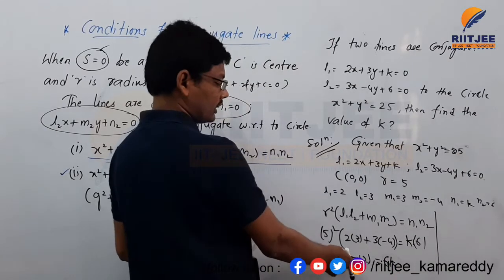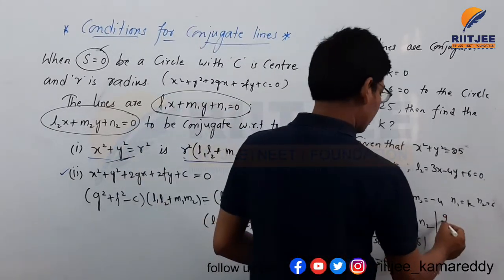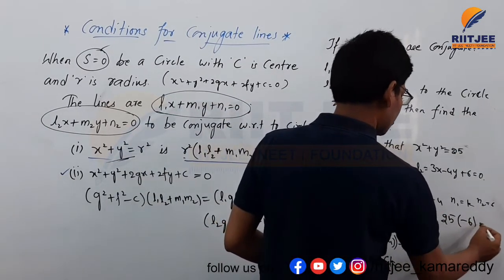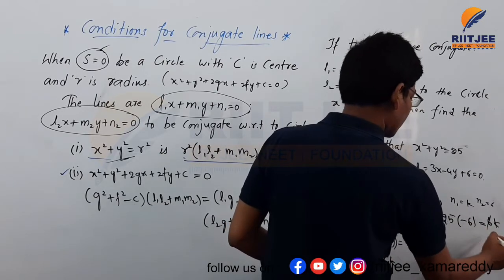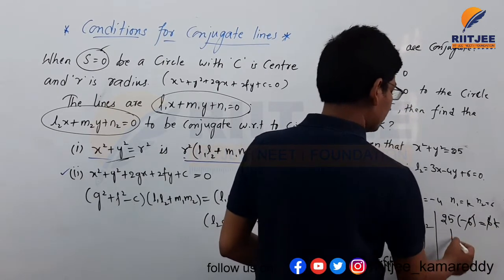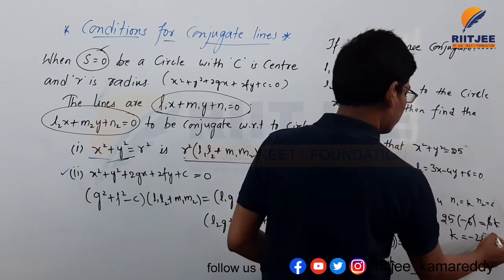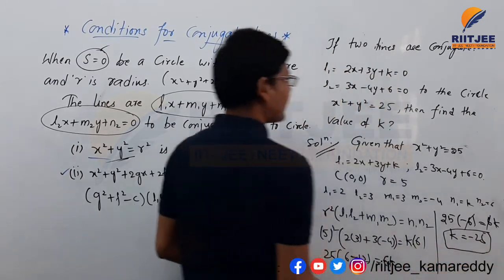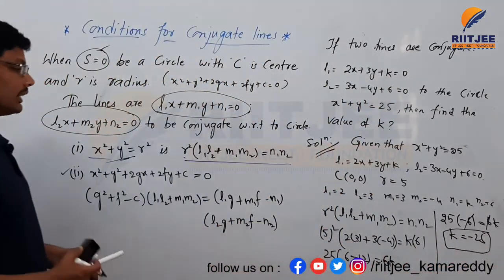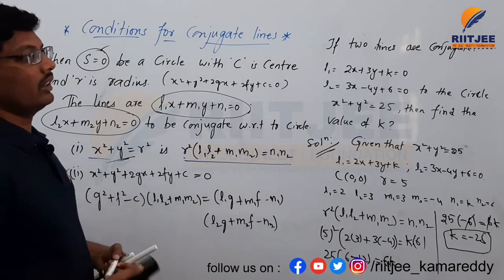So 25 into (6 minus 12), that is 25 into minus 6, is equal to 6k. The 6s get cancelled, and k is equal to minus 25. This is the value of k with respect to two lines of a circle.